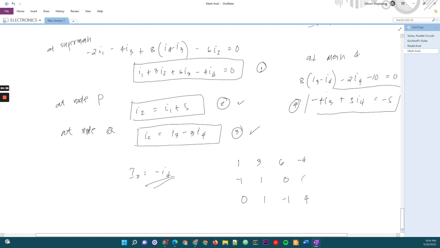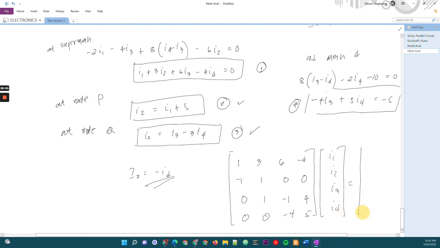For equation 3, we have 0, 1, negative 1, positive 4. For equation 4, we don't have I1 and I2, but we have I3 and I4. So this is negative 4 and then positive 5. With I1, I2, I3, I4.